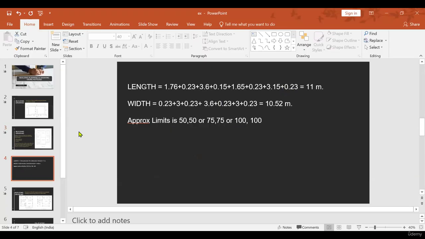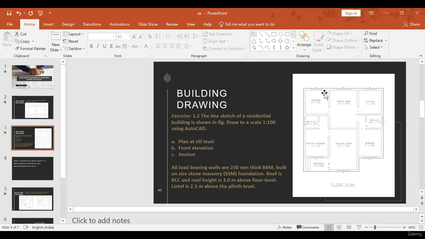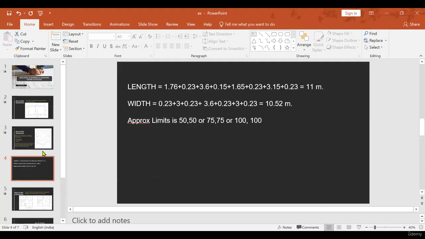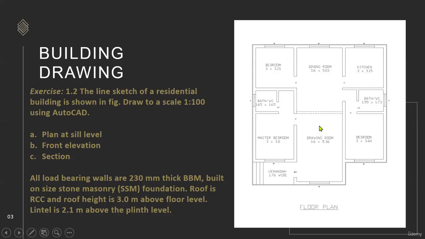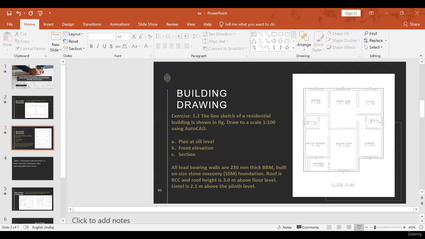Next 3.15 plus 0.23. So whatever calculation we have done is correct. Then it means that there is some mistake in the dimensions we have mentioned here. Okay, so we just go to AutoCAD.